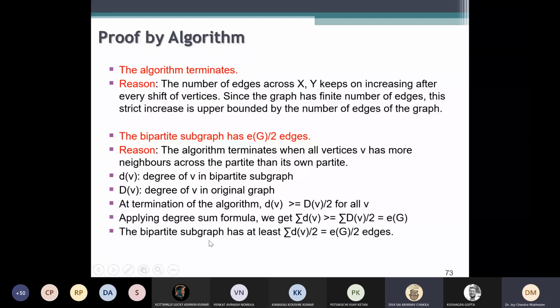So what this means, the bipartite subgraph में degree sum है e. अगर bipartite subgraph में degree sum है e, तो bipartite subgraph में कितने edge रहेंगे? That is, from the degree sum formula we know that if it is summation d(v) by 2, so there will be e by 2, at least e by 2 edges. Okay. So this is the proof.